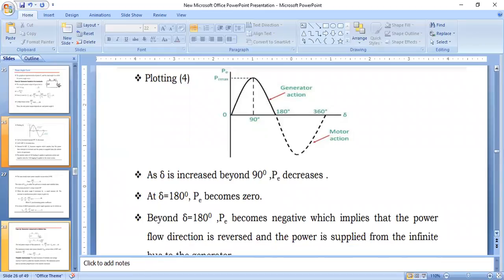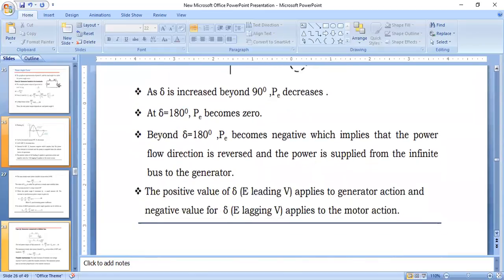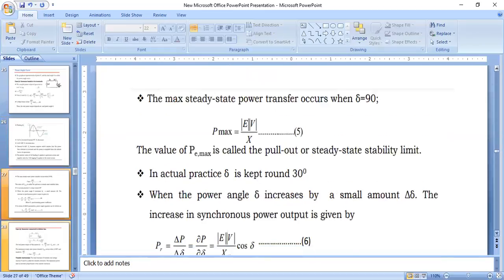Beyond delta equal to 180 degrees, PE becomes negative, which implies that the power flow direction is reversed and the power is supplied from the infinite bus to the generator. The positive value of delta, that is E leading V, applies to generator action, and a negative value of delta applies to motor action.